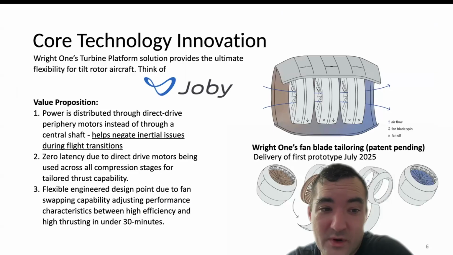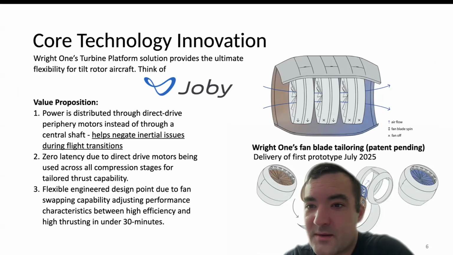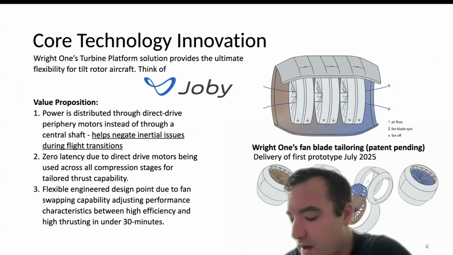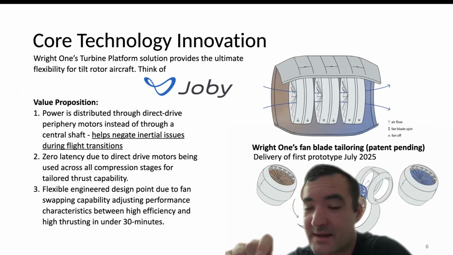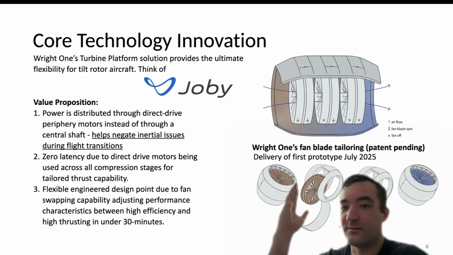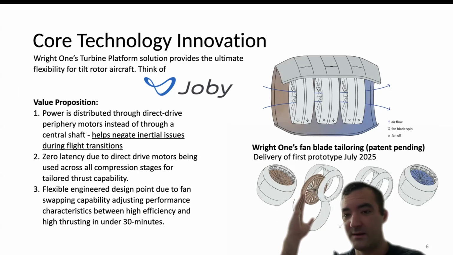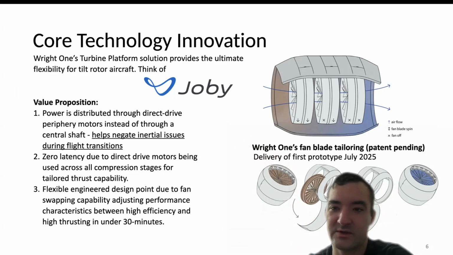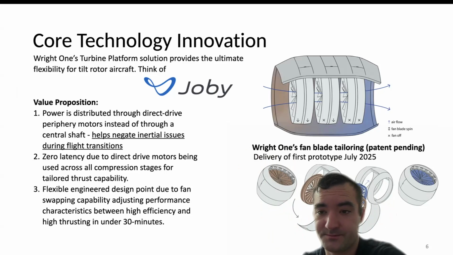And the reason for that is that there are better, more articulate ways that we can actually access that power across the system. So think of the Wright One turbine going through the transition that a V-22 Osprey is going through.